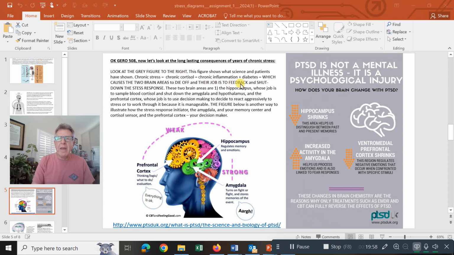So there's this negative feedback. Normally the prefrontal cortex and the hippocampus are able to shut off the amygdala, but because they're shrinking, the amygdala becomes more active, and any part of the nervous system that is more active grows and increases in strength. That's what we're showing again right here. Strong activation turns on the fight or flight response.